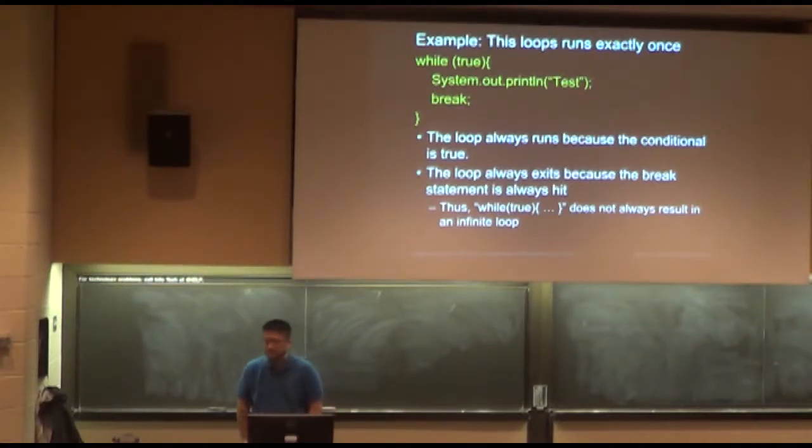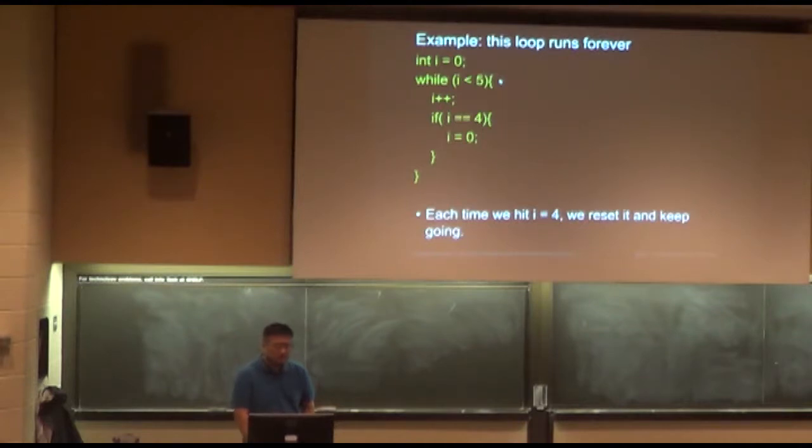There are some unusual situations, like loops that appear to be infinite loops, like this loop that says while true, but because of the presence of the break, this loop runs exactly once. And we also have examples where a loop has conditions that appear to cause it to end in a finite amount of time, but because of the way the loop iterates, it doesn't.